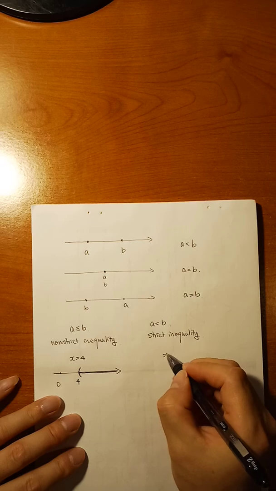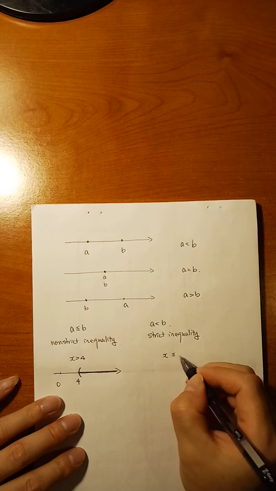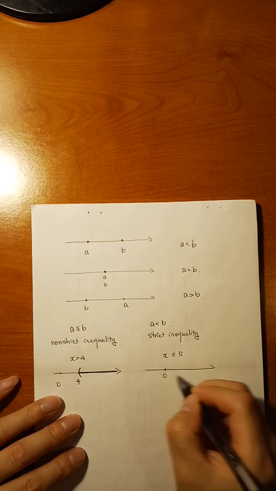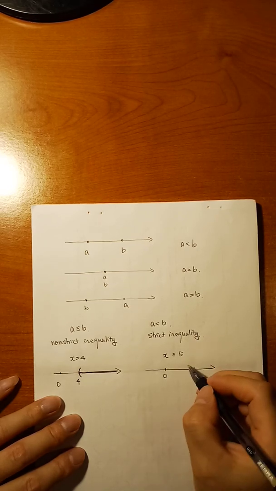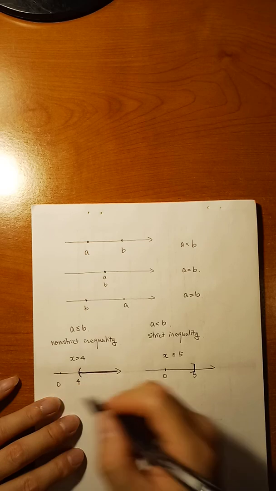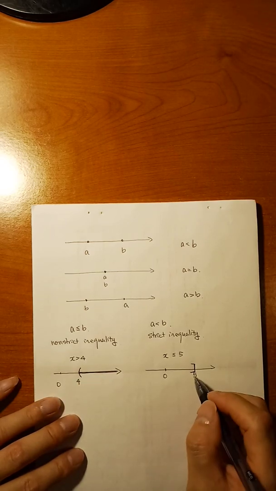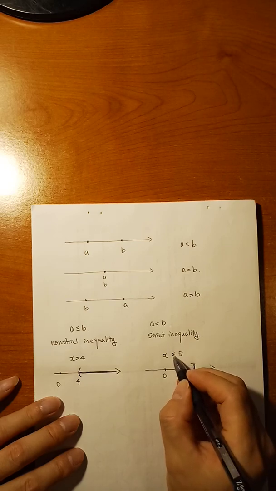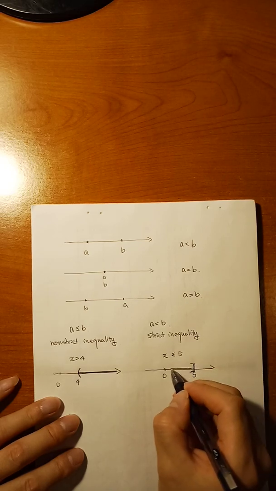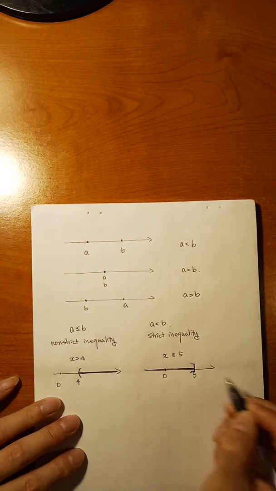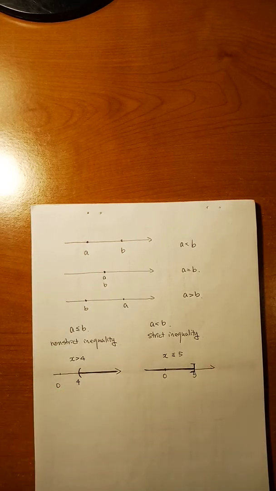If I want to describe x is less than or equal to 5, again, 0, 5. And this time we're going to use the right bracket to mean we include the possibility x equal to 5. Less than to the left, greater than to the right. Okay, less than to the left, greater than to the right.